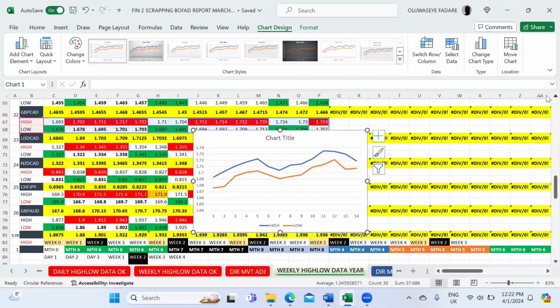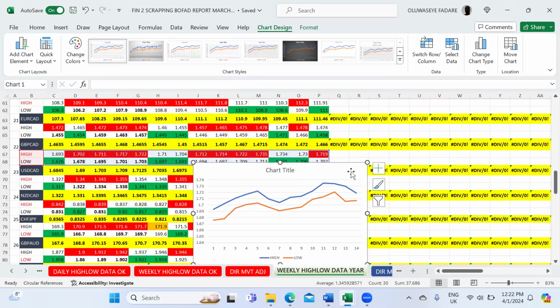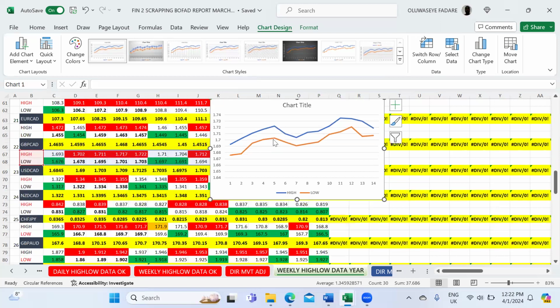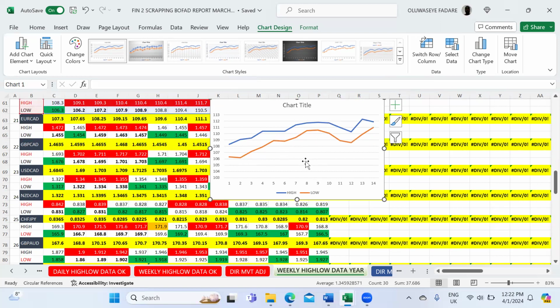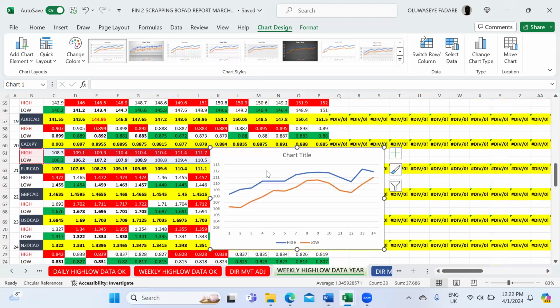Can you see? So we can easily predict and project from that direction. So that will help us.